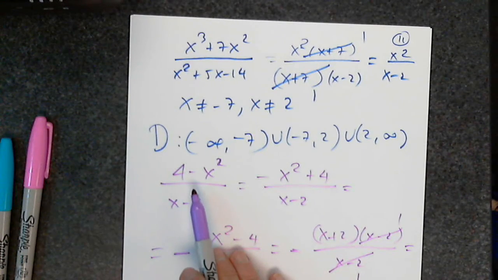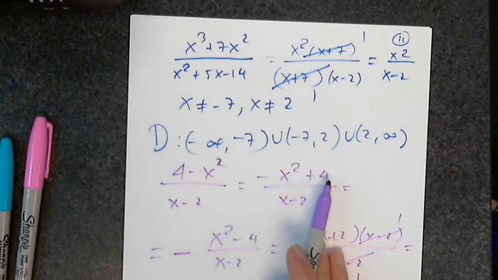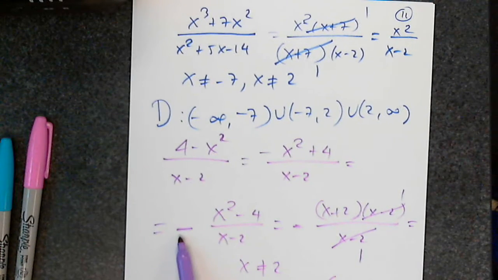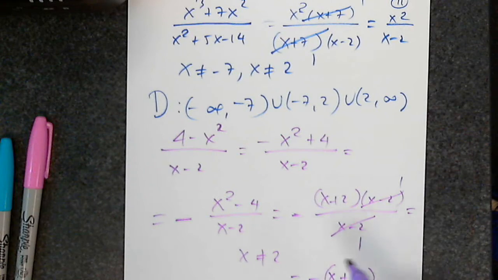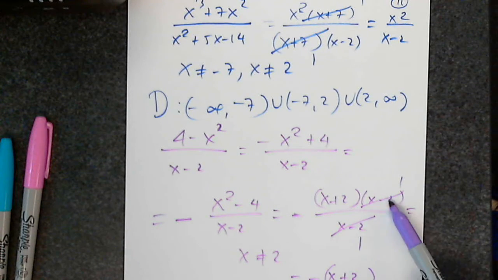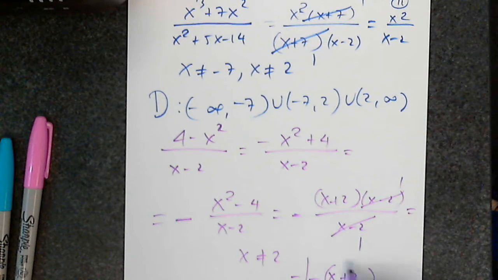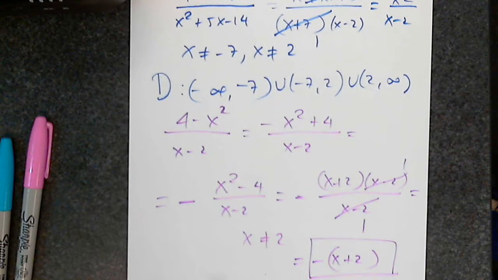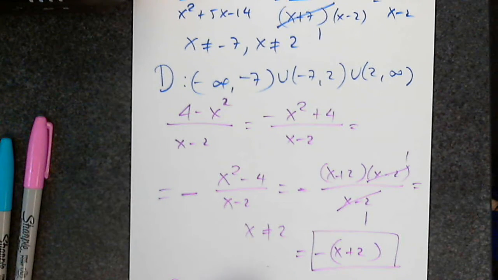So this is what we did in chapter 6. I have to rearrange it in descending order. I have to factor out -1. I have to factor x squared minus 4. I have to state restrictions. I have to simplify and write the final answer. So the domain is this.